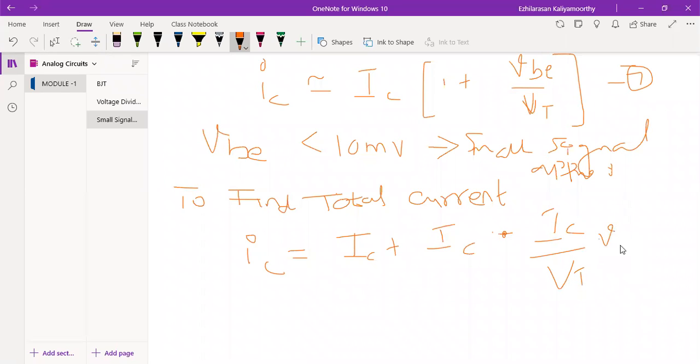You consider this expression as equation 8.